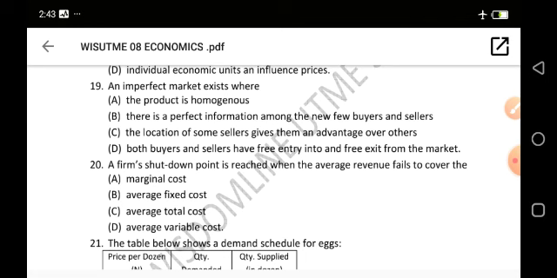Your average variable cost, when combined with price, indicates whether or not a firm should shut down production in the short run.